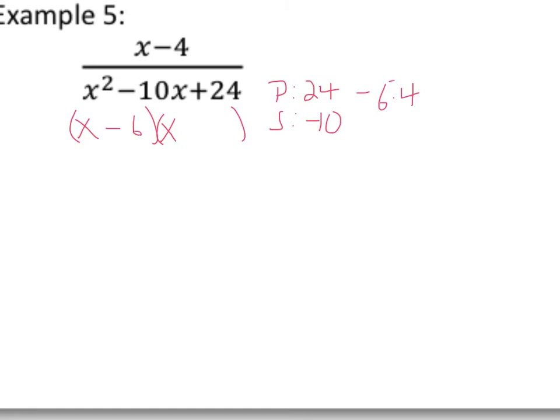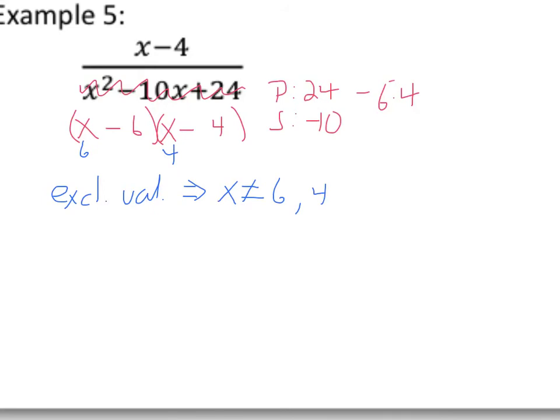So minus 6 and minus 4. Now we've changed the trinomial to factored form, which now allows us, before we cancel anything, to say the excluded values are x cannot be a positive 6, because that would cause this to be 0, or a positive 4.